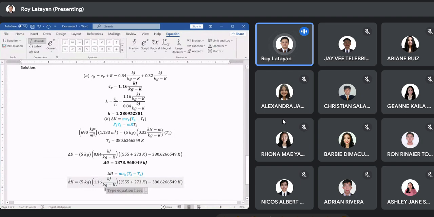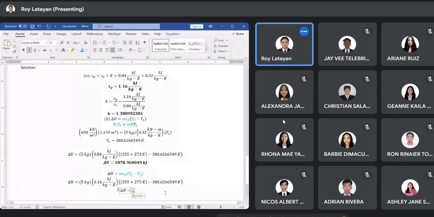So what is the value of delta H? 2,594.765,402 kilojoule.